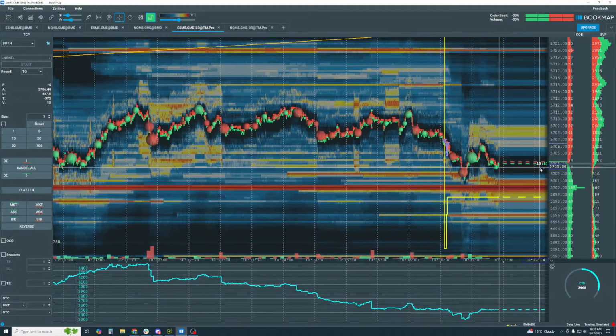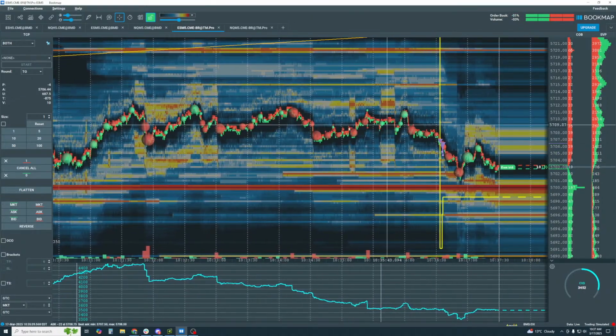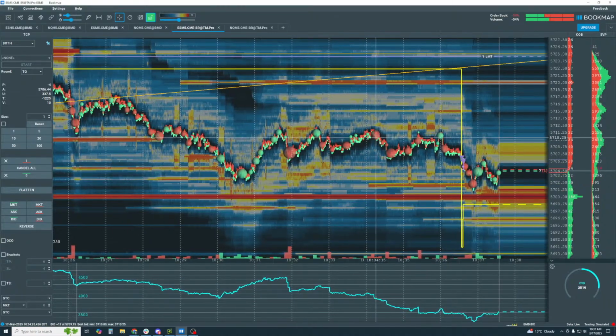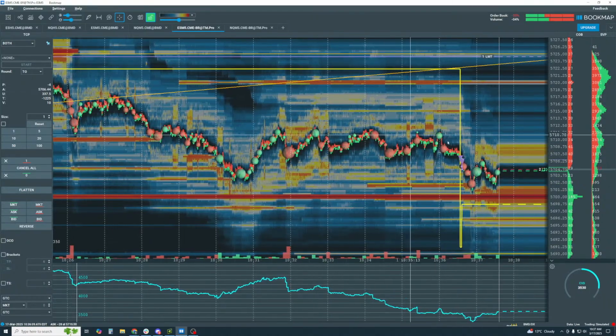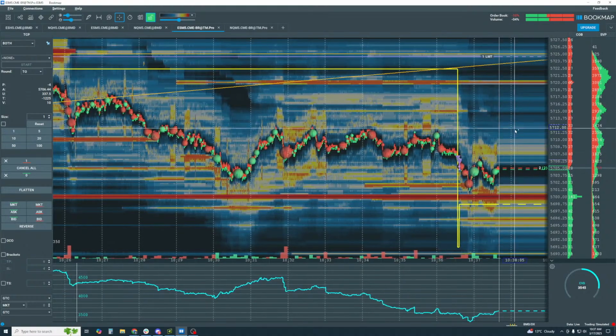All right. So let's see if we can get those sellers in here. This was looking pretty good in here. It totally failed, well, the buyers failed. The selling looks pretty good in here for this continuation move.